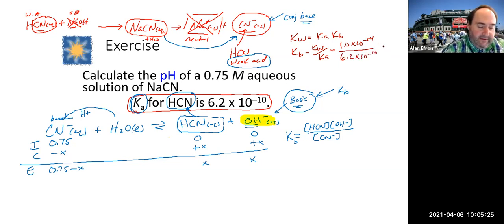And if we do that, we end up with looks like 1.6 times 10 to the minus 5.